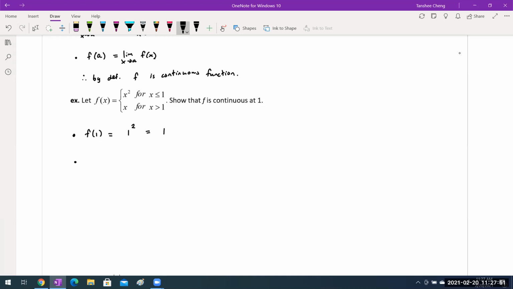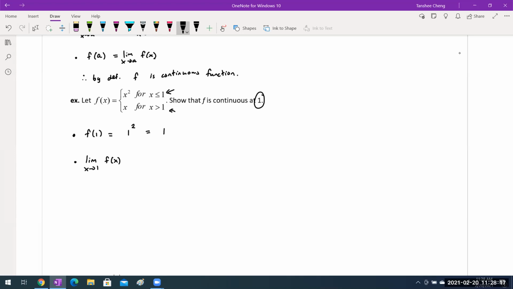Then the next thing I need to look for is the limit as x approaches 1 of the function. Does it exist or not? And we notice that the limit we are looking for is at a part of both of the restricted domains. We did so many examples in 1.6.